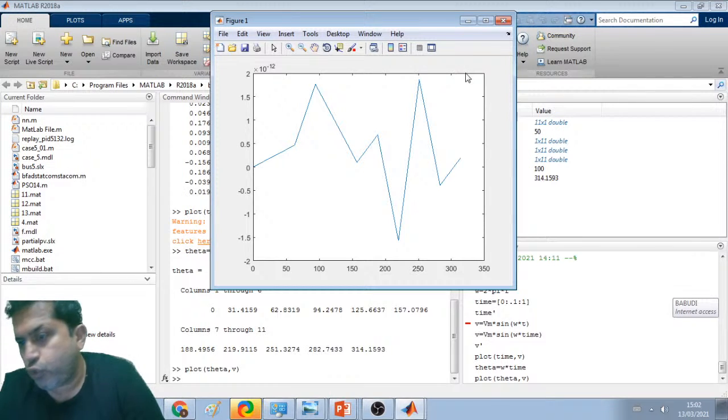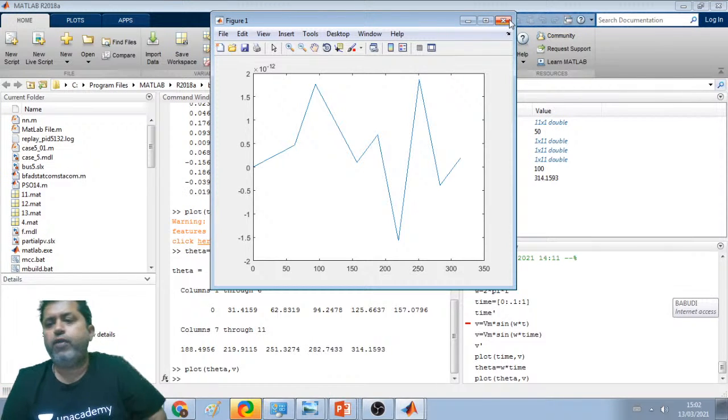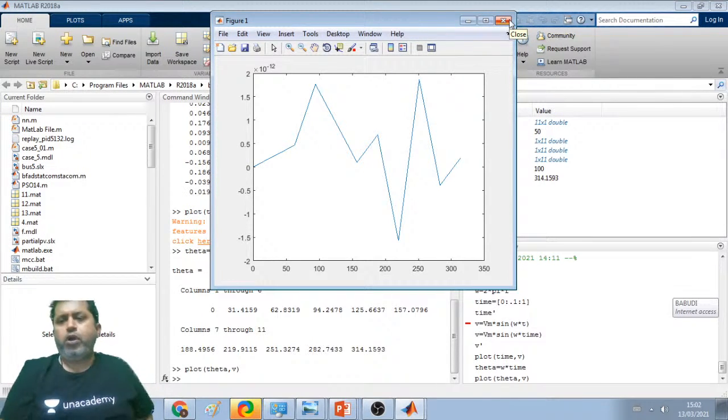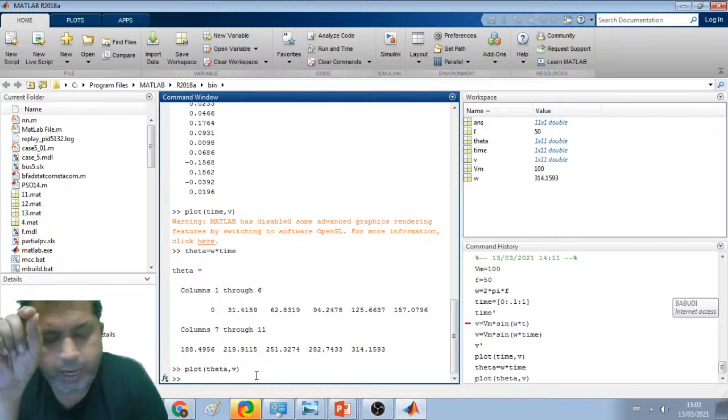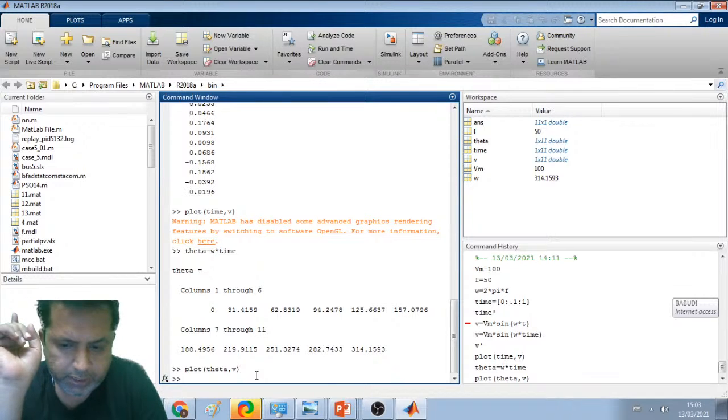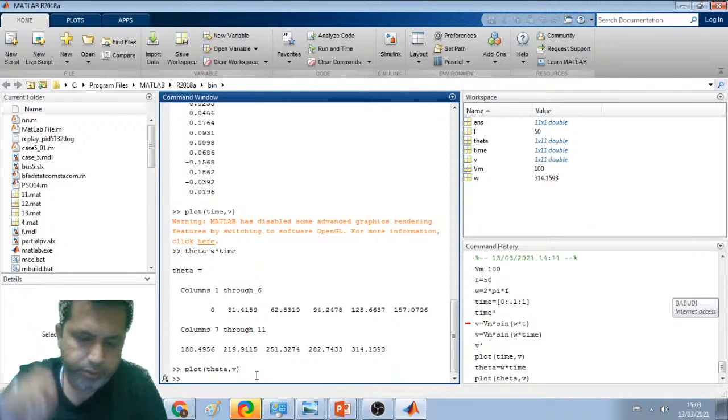Okay, so you are getting a similar kind of graph, but this is not a pure sine wave. Why? Because we are not using 0 degree, pi degree, 2 pi degree, like that. One cycle we want to represent.